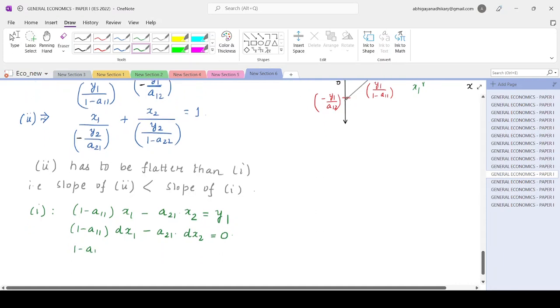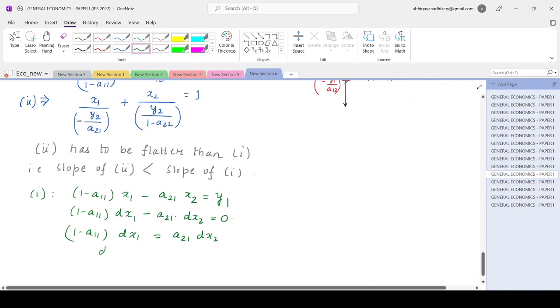So 1 minus a11 times dx1 equals a21 times dx2. So dx2 by dx1 is equal to 1 minus a11 divided by a21. Correct?